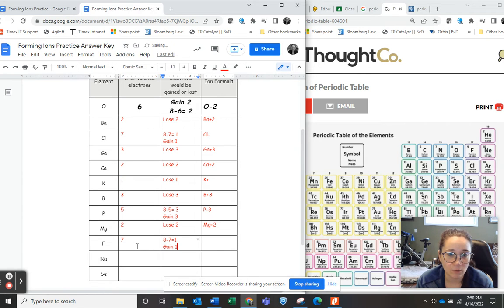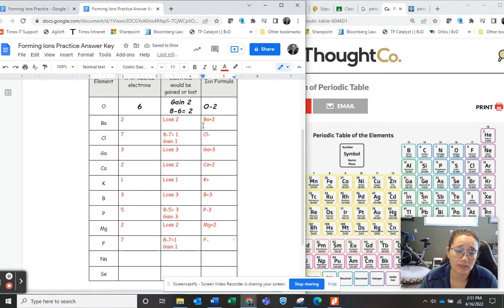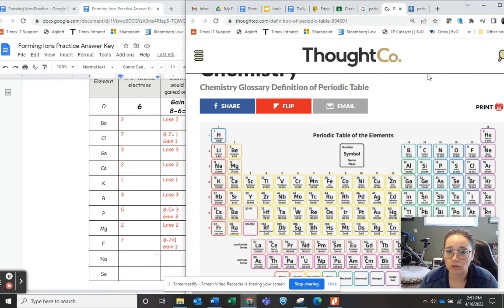So we're gaining 1. And in this case, it's going to be F, and we're just going to do a minus sign. Now remember, you should be doing subscripts for this, but because we're doing it on the computer, it's a little bit hard to do. So we're keeping it as just regular numbers. When we're back in person, I'll be able to show this to you a little bit better.